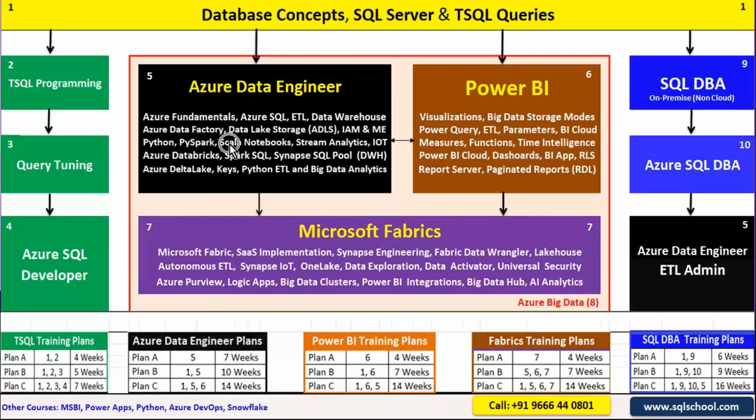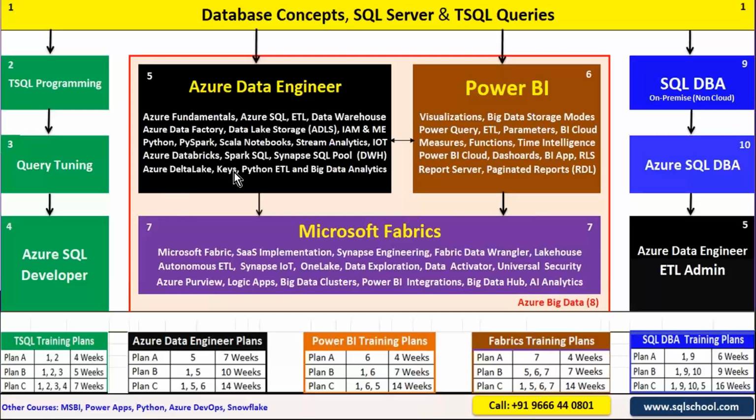PySpark, Scala, Stream Analytics and IoT, Internet of Things. We have something called IoT Hub and Event Hubs. Databricks, Spark SQL, Synapse SQL Pool, which is more into data warehouse concepts. All these three are primarily into data warehousing.